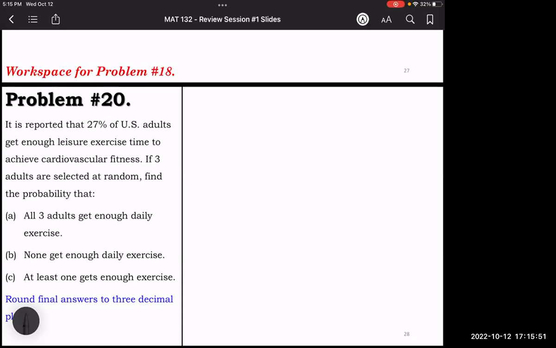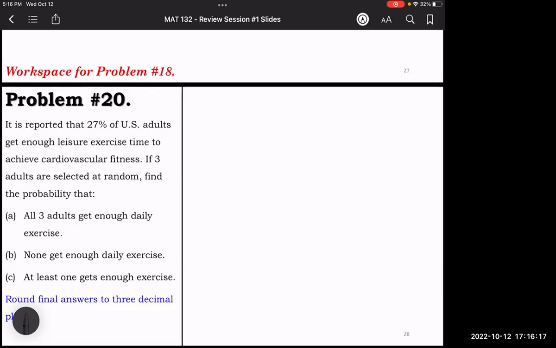It states that it's reported that 27% of US adults get enough leisure exercise time to achieve cardiovascular fitness. If 3 adults are selected at random, find the probability that all 3 get enough daily exercise, none get enough daily exercise, and then part C states at least 1 gets enough exercise.